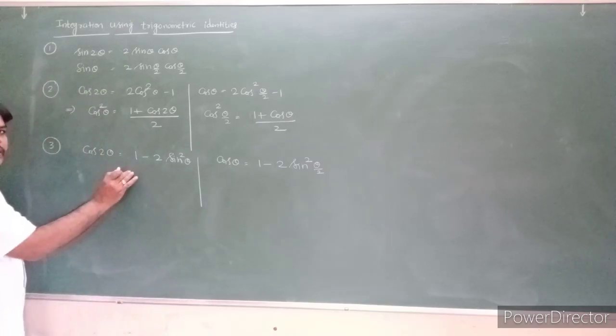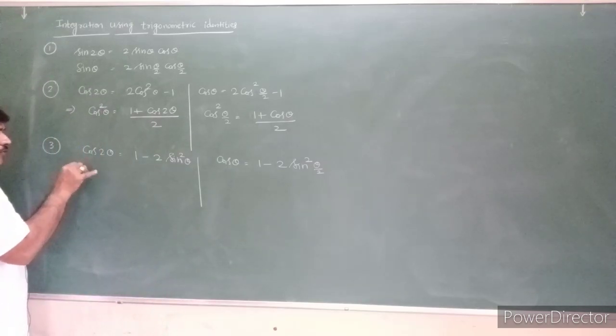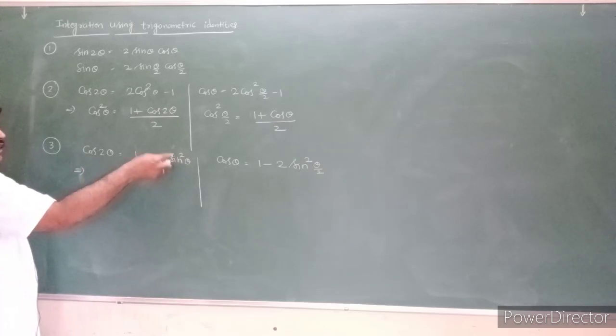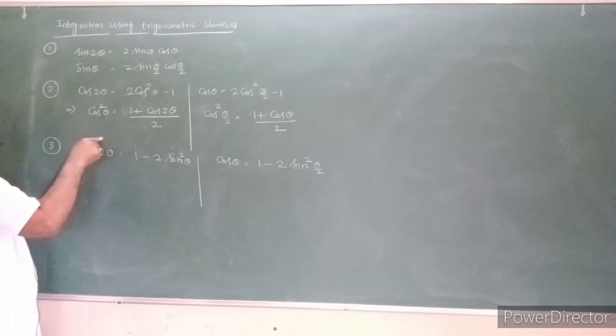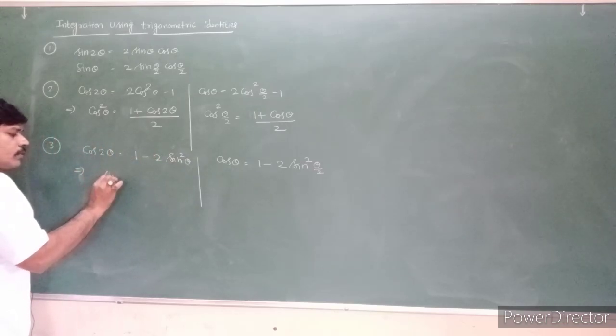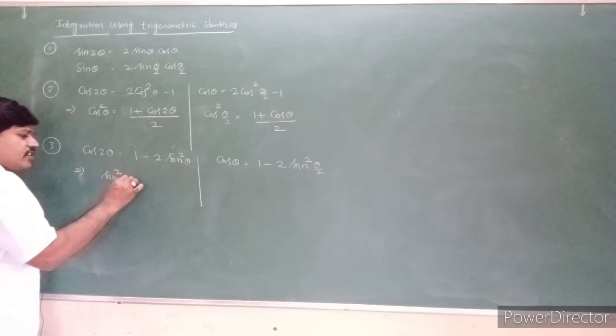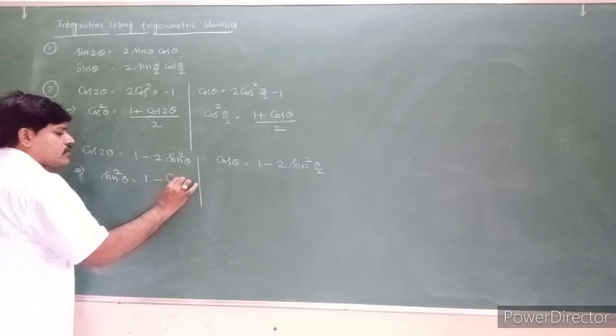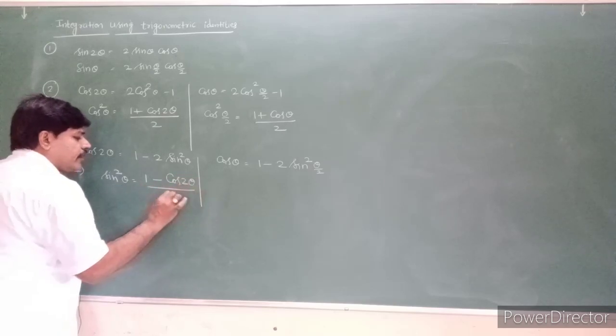So if you want to calculate sin square theta, simplify it. You can take the 2 sin square theta to this side and cos 2 theta to that side. It will become sin square theta is equal to 1 minus cos 2 theta by 2.